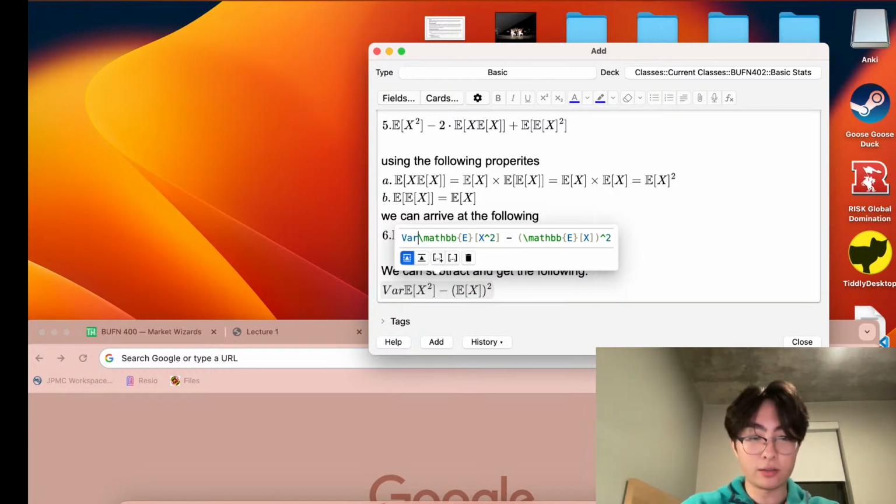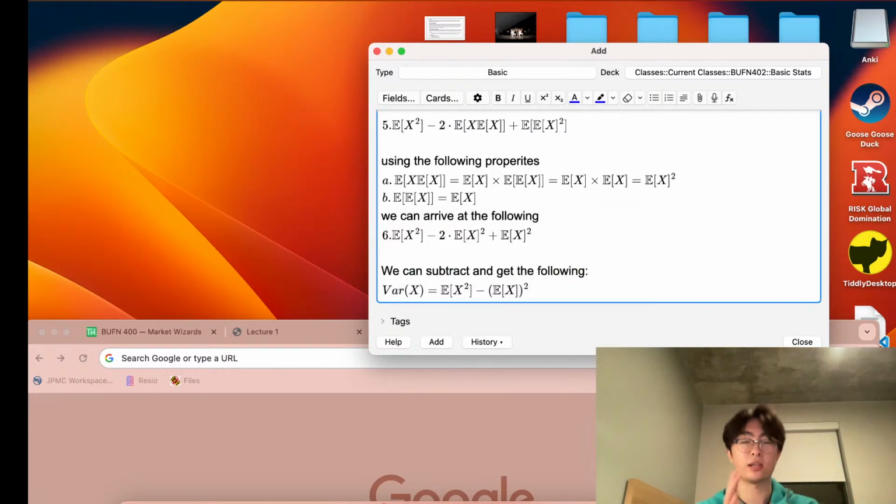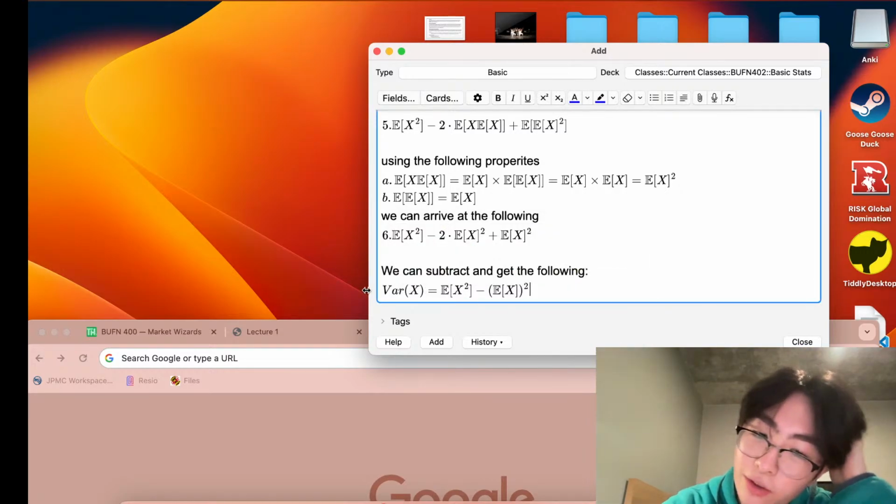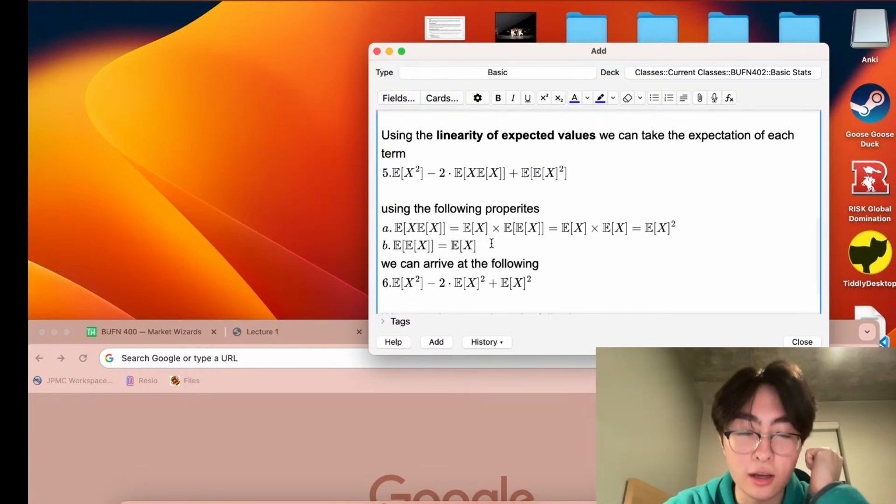So variance of x is equal to expectation of x squared minus expectation of x squared. Alright, so what is this property?